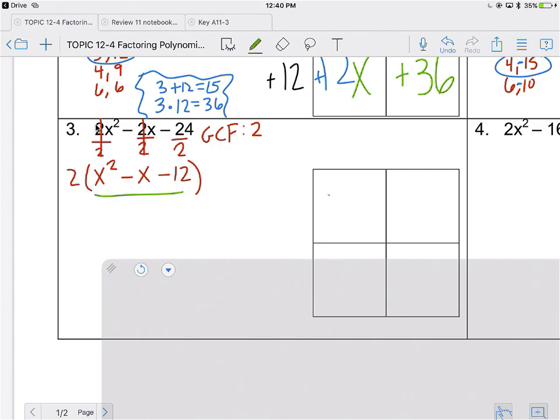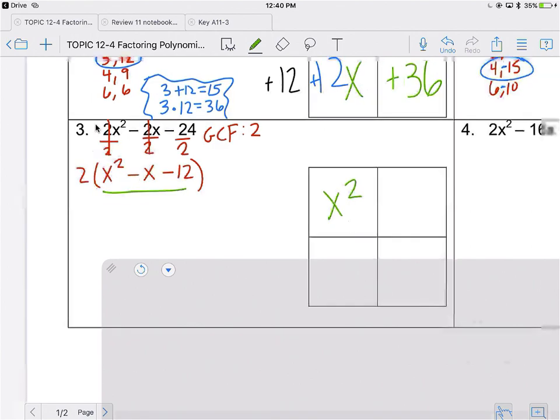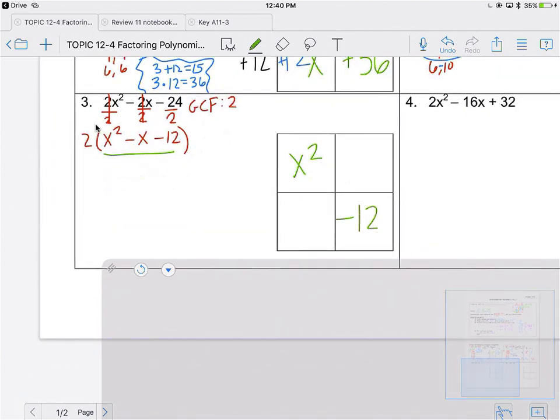This is what I'm going to use for my box, so I have an x squared and a negative 12. I'm looking for two numbers that will sum or add to that middle negative x and multiply to negative 12x squared.